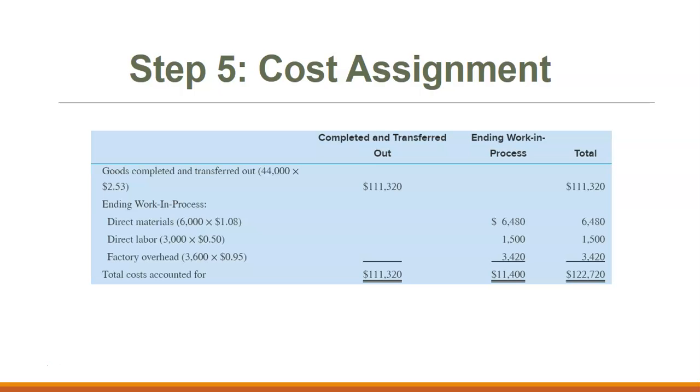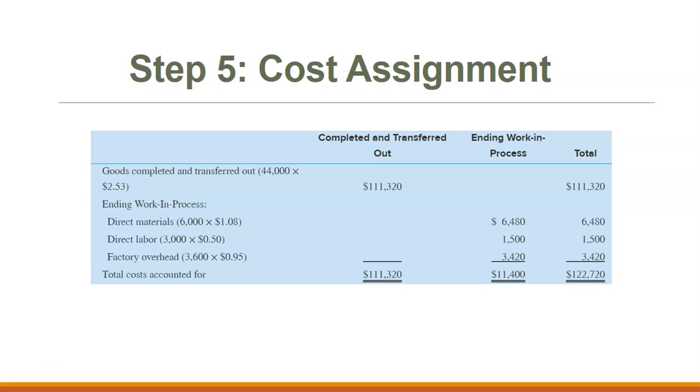Our next step is to assign that $2.53 of work to the 44,000 that we transferred out. So we transferred those out to the next department, $111,320. Then we had ending work in process. We take the equivalent units of ending work in process times the amount that we calculated for each item.